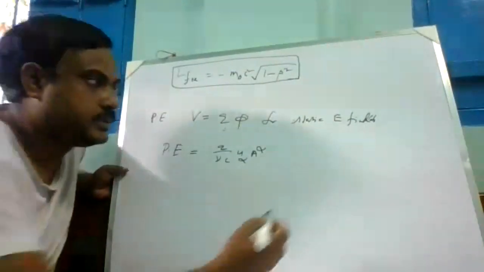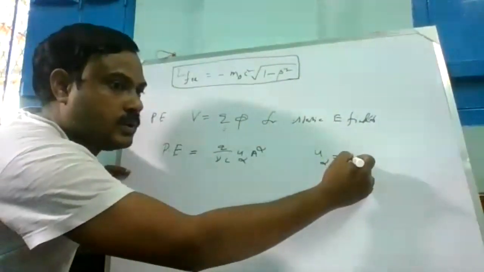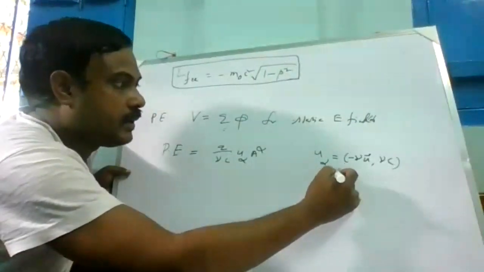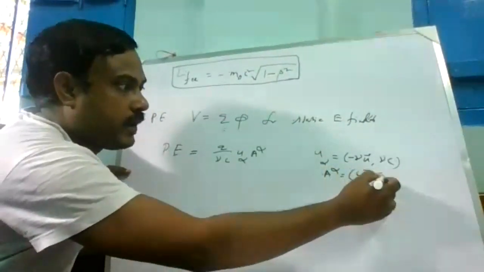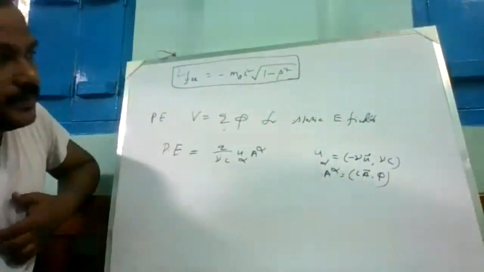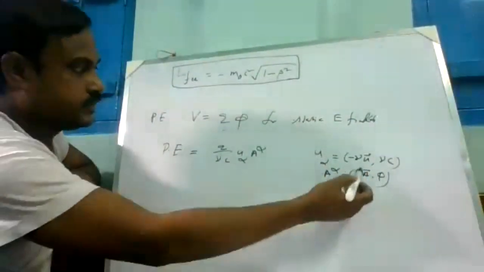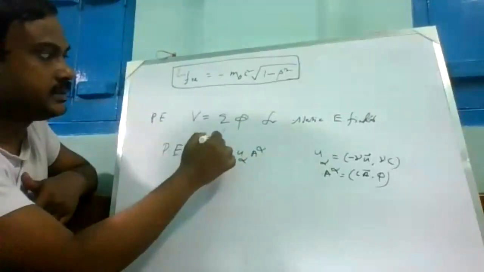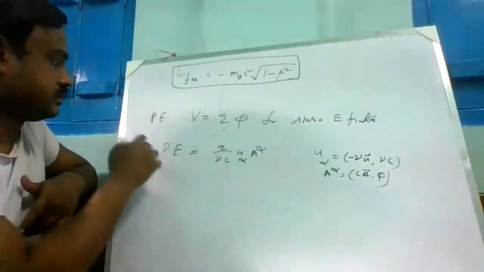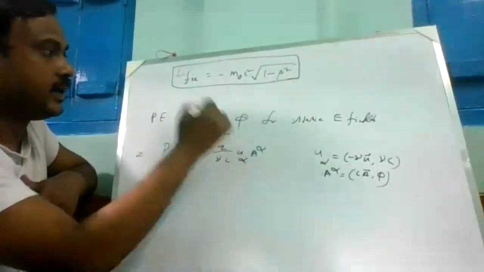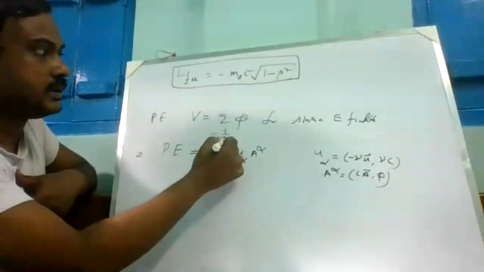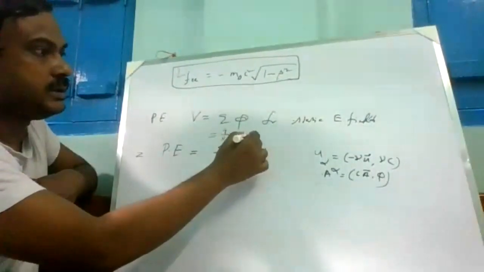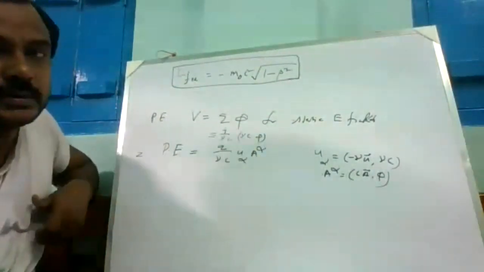If we work out, you already have U alpha equals gamma u, gamma c, and A alpha equals A, phi by c. So this can be written as 1 by gamma c.